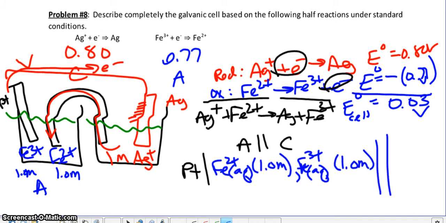There's my salt bridge. Holy cow, I'm going to run out of room. And now you write the silver ion solution, and that's at 1 molar. And then here's your silver. That's an Ag, by the way. I love my smartboard. Solid. So that's how you do the line notation. Sorry, it's a little bit messy, but you know how much I love my smartboard.